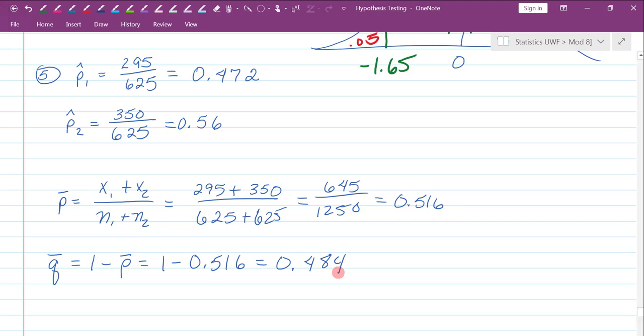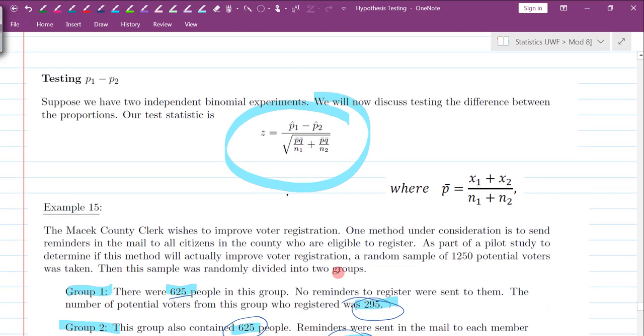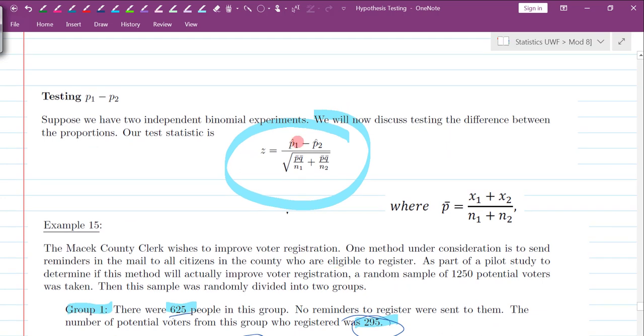So our test statistic, if we come back up here, is going to be P hat 1 minus P hat 2. That's the easy part. Then it's going to be P bar times Q bar divided by N on both sides, all underneath the radical.